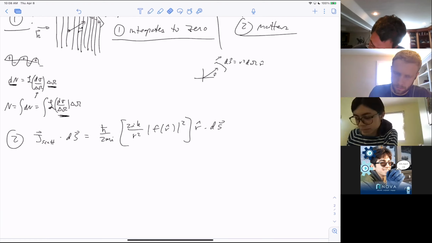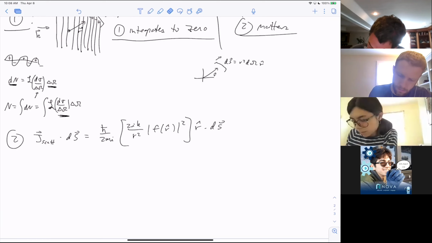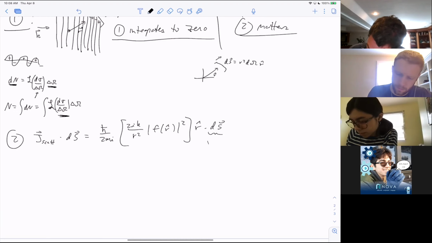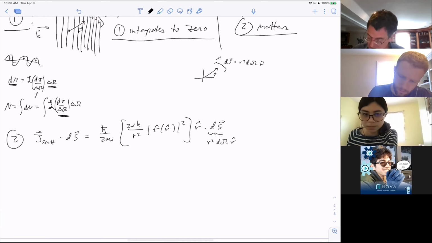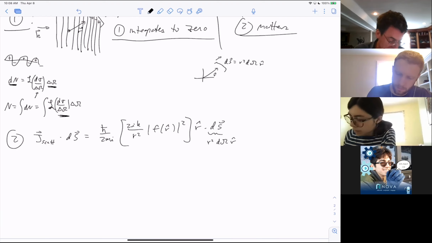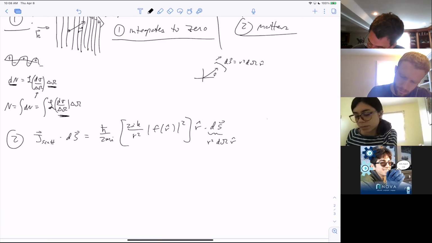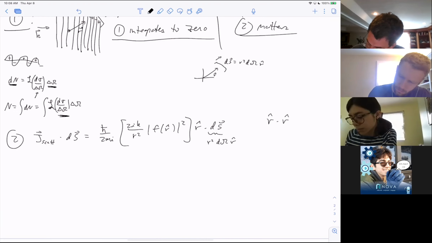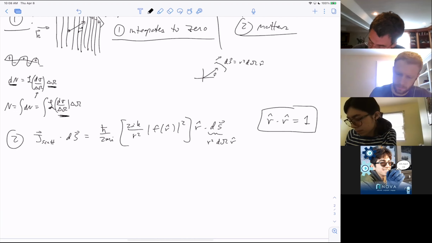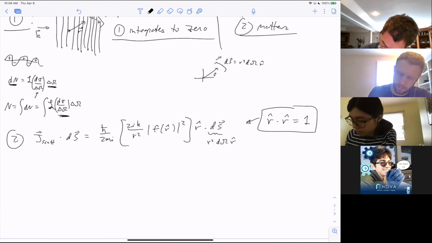Then we can replace dS with r squared d omega r hat. And now it's really nice, because something really nice happens: you see I have r hat dot r hat equals 1. Yay. And so then this expression becomes really nice.